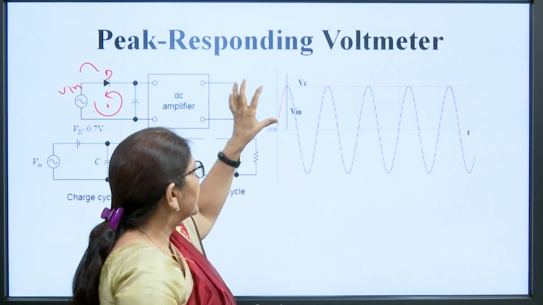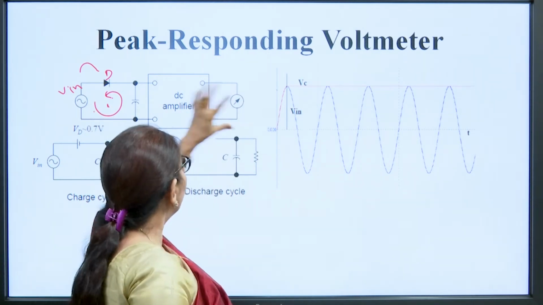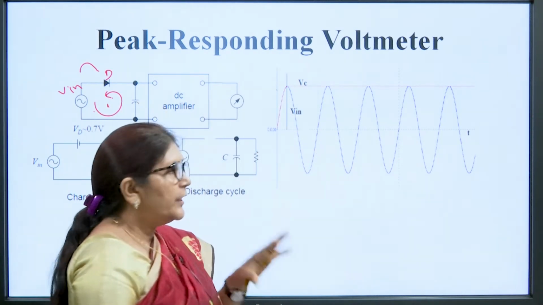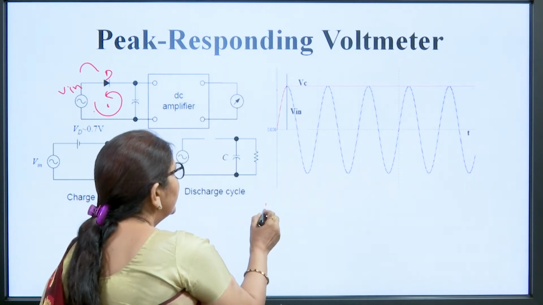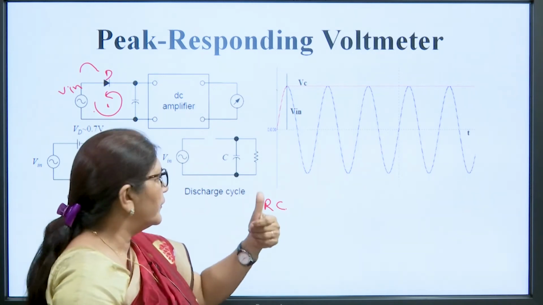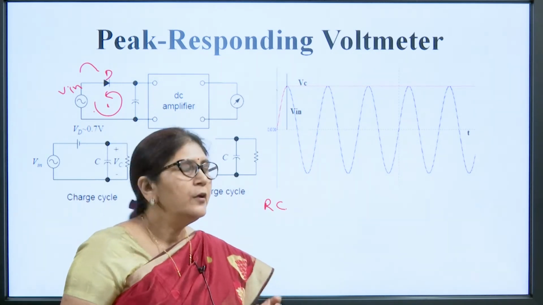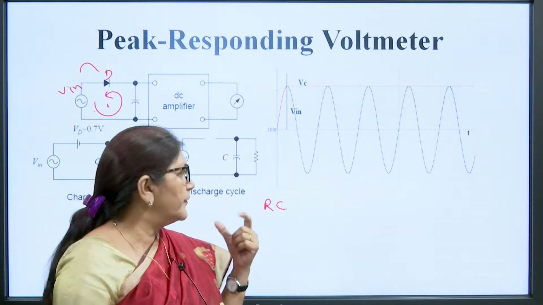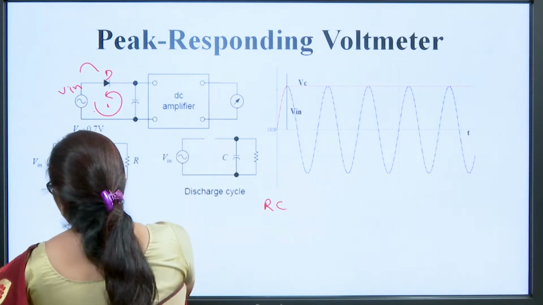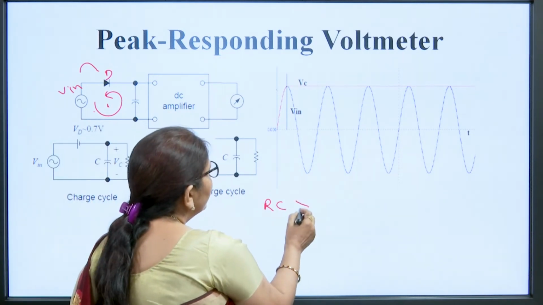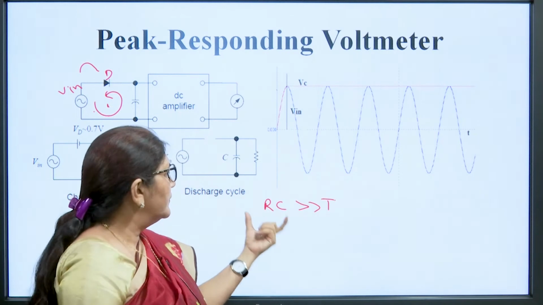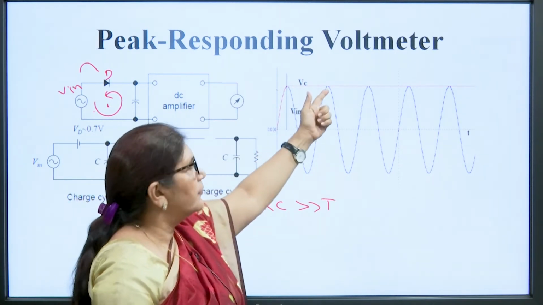So, the capacitor will maintain the Vc voltage across it. To maintain this value, the RC time constant of this capacitor and diode, where R is the diode resistance and C is the capacitance value, should be much greater than the time period of the signal, so that the capacitor stays charged till the next cycle appears.